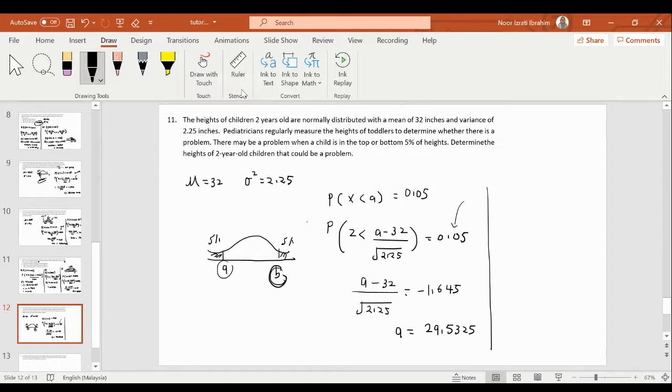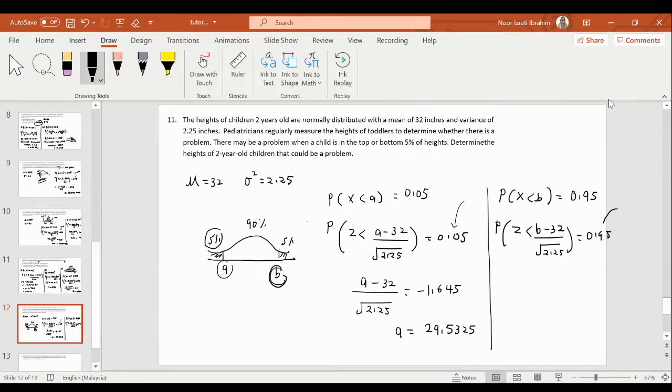And to get the B here, we know that this is 5%, this is 5%, and the middle here is 90%, right? To get the B will be equivalent to finding X less than B equals 0.95. And don't forget again to transform the X to become Z. So Z less than B minus mean 32 divided by standard deviation, square root of 2.25, gives us 0.95.